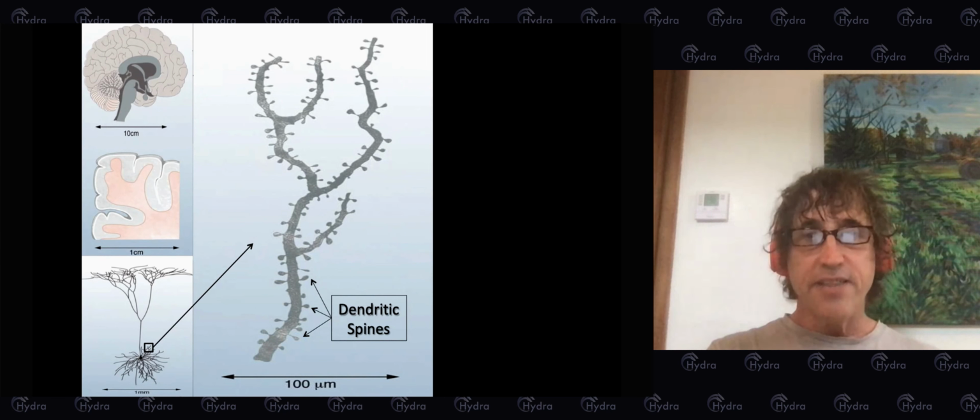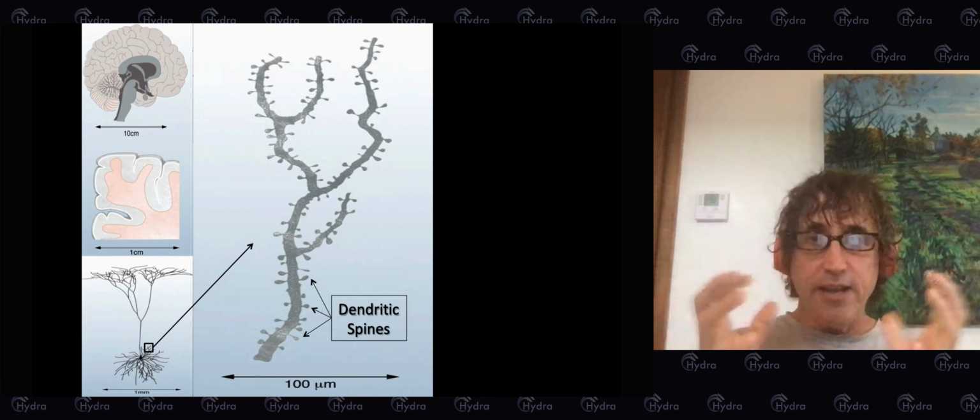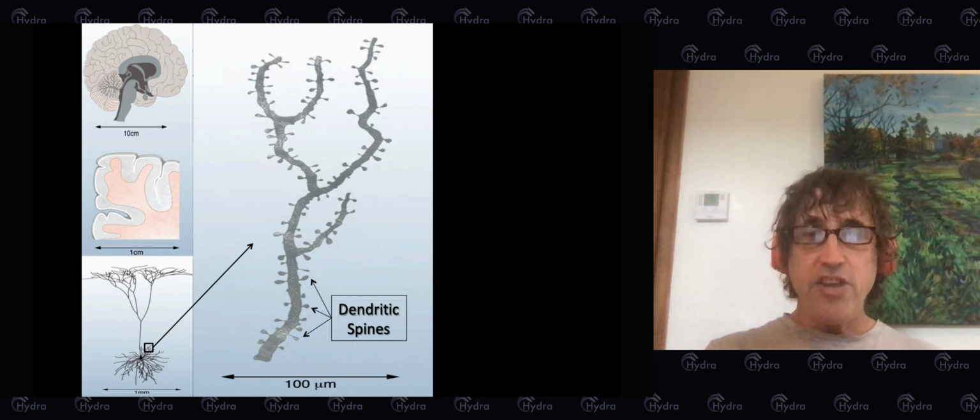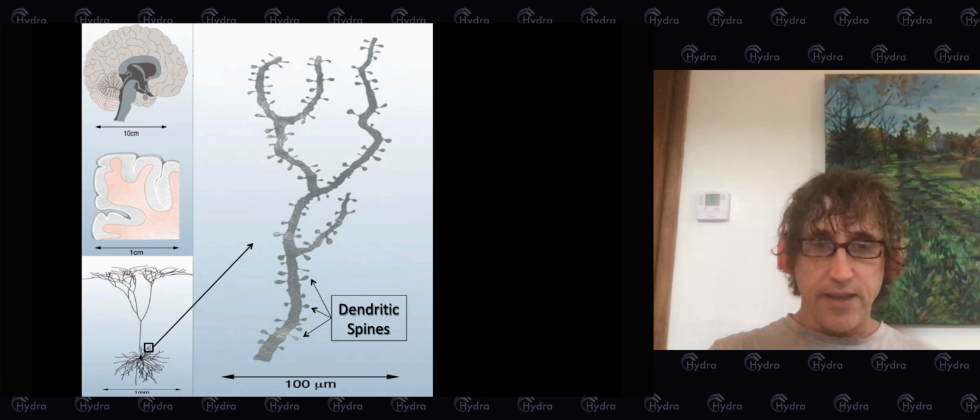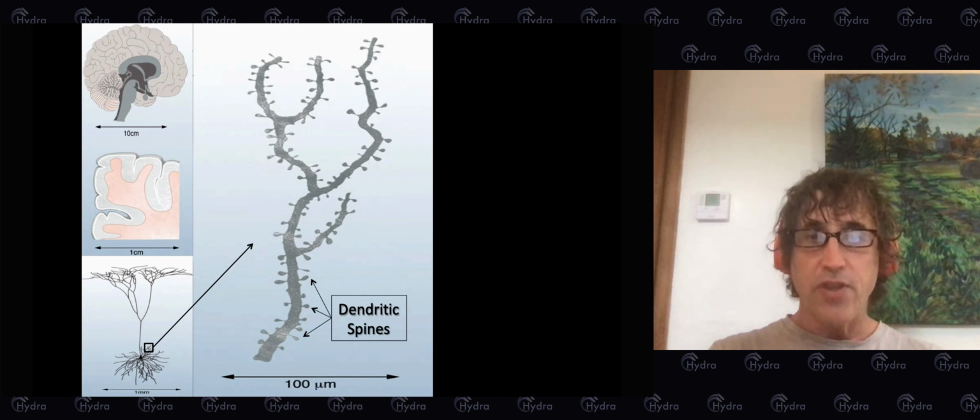This is like the mechanism for incoming communication, and each one of these spines in the dendritic arbor has these little bumps, and those things are actually where the synapses are, where I connect to other neurons.